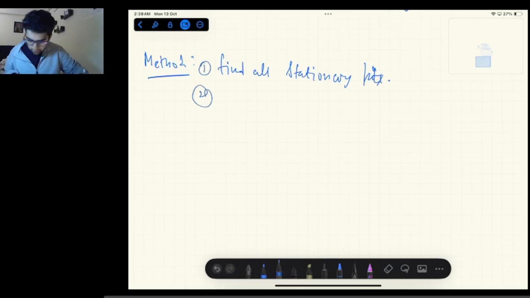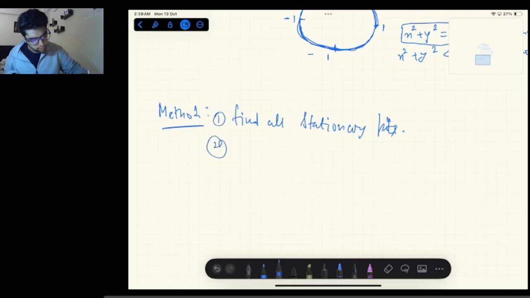So S is a set, right? Closed and bounded set. And what does closed and bounded mean? If we have a set like this, is this closed and bounded? No. This is bounded but not closed.